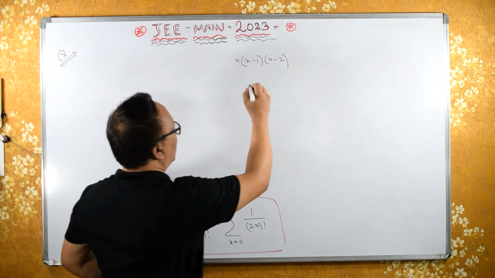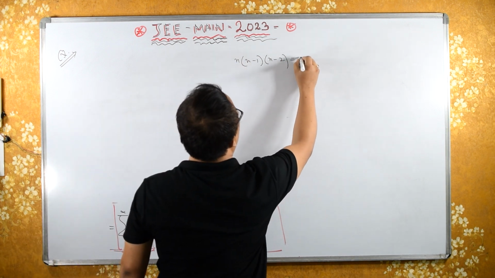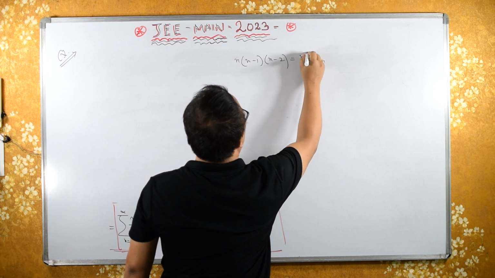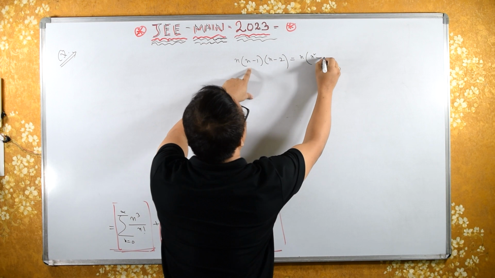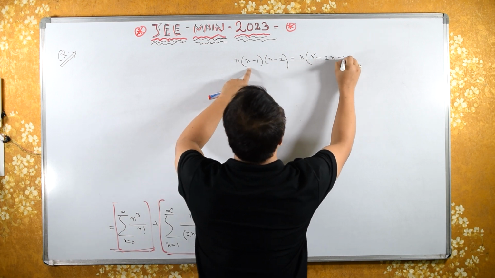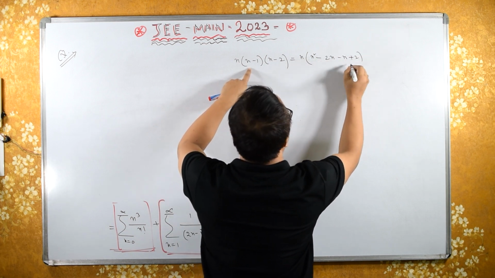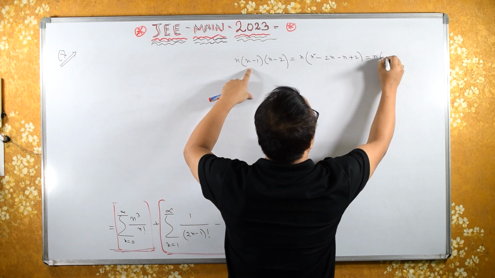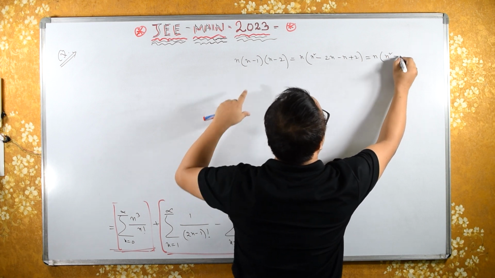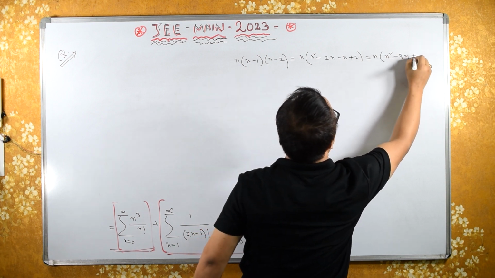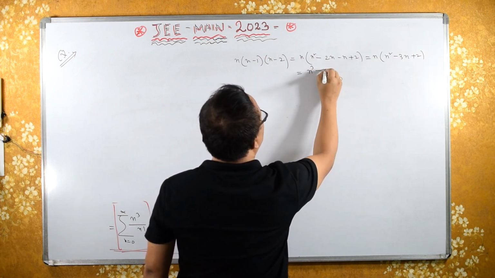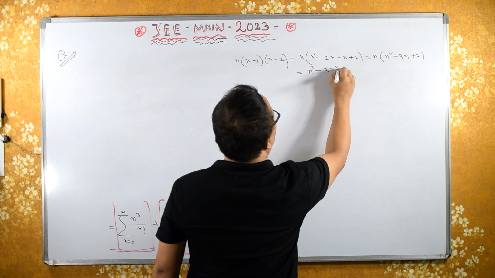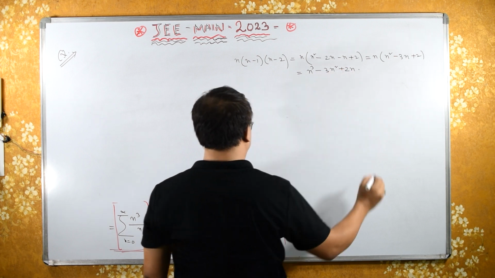Now if I expand this, what will come? n into n square minus 2n minus n plus 2, that means n into n square minus 3n plus 2. If I expand this again, n cube minus 3n square plus 2n.